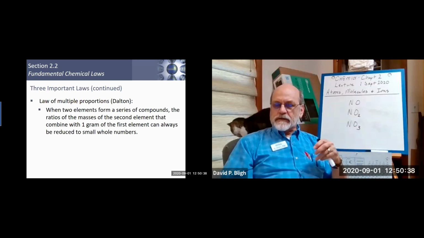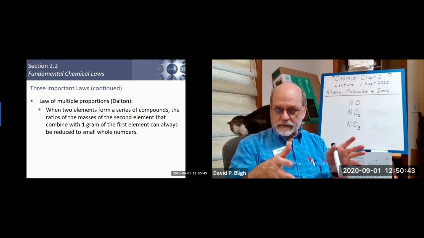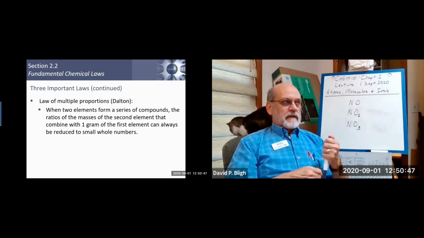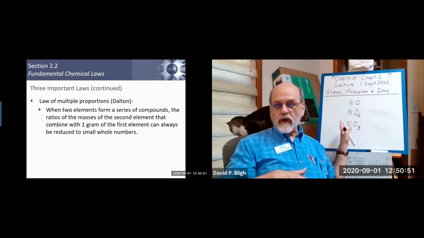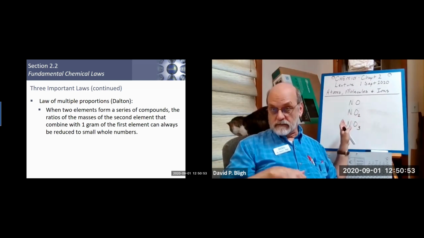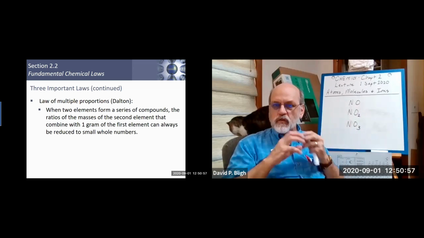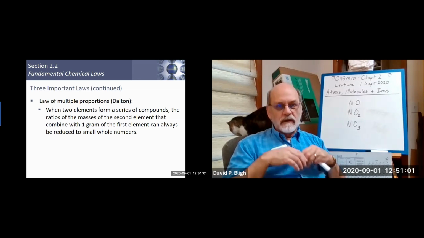What's happening is, at this time, for Proust and Dalton and others, they didn't know about the ratio of atom to atom. That concept had not been developed. All they knew was masses. They were working with masses, and that was it.